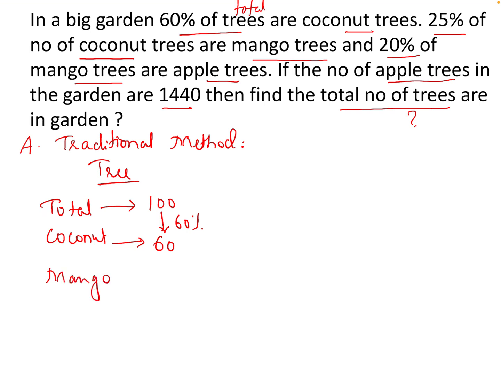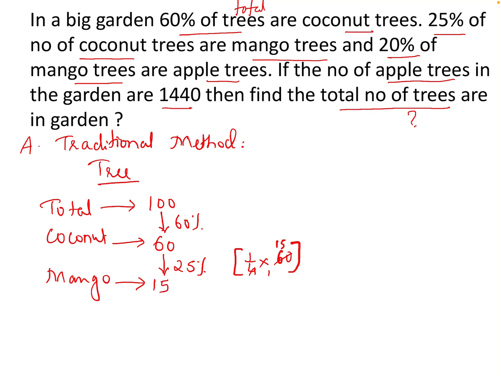Mango trees are 25% of the number of coconut trees. So, 25% of 60 is how much? We know 25% is 1 by 4 of 60. 4 ones are 4, 4 fifteens are 60. So, mango trees are 15.